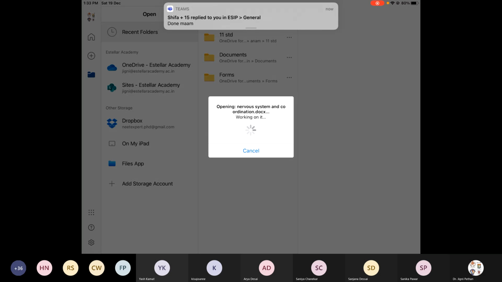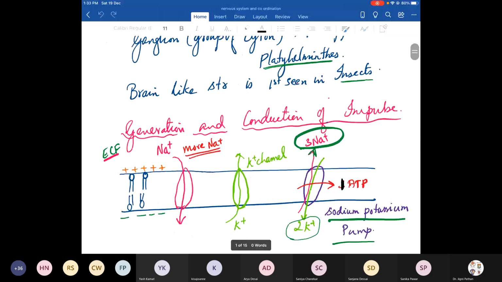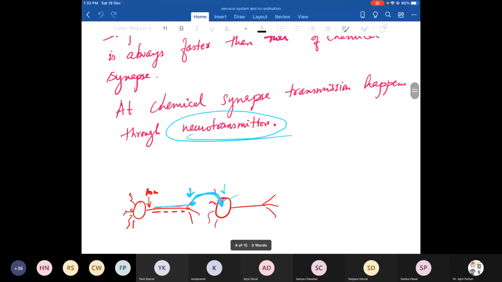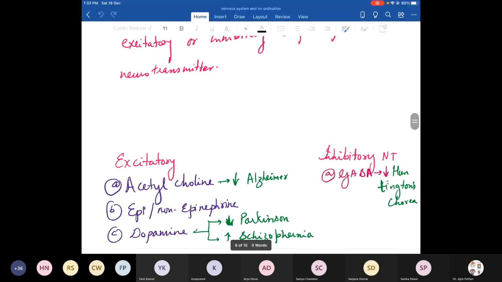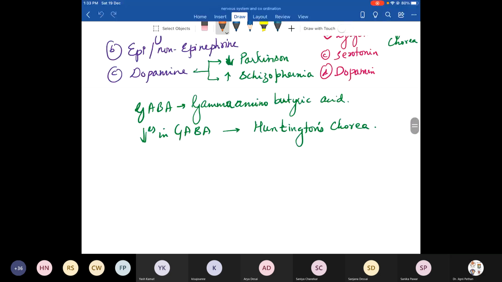Now, first, central nervous system consists of what? Brain and spinal cord, right? Let us write down: central nervous system consists of brain and spinal cord.